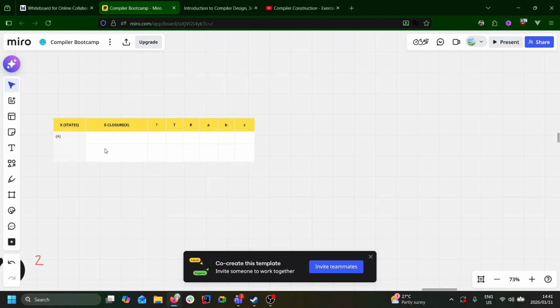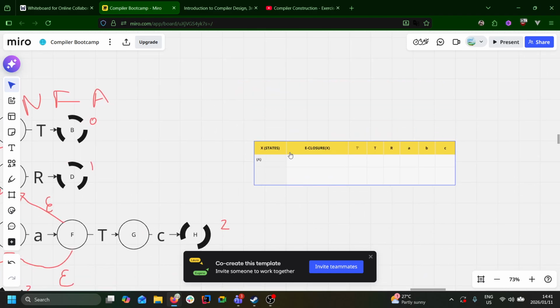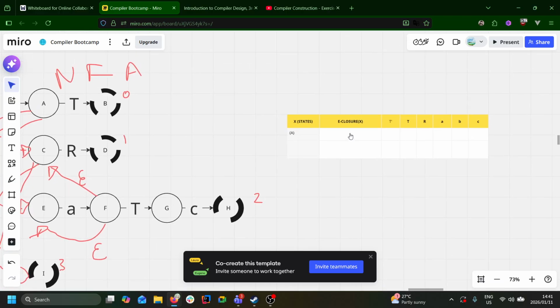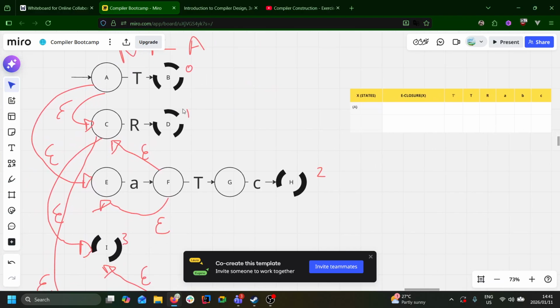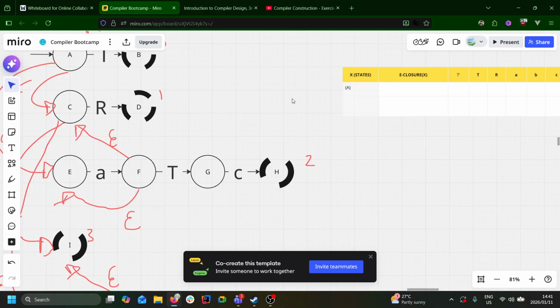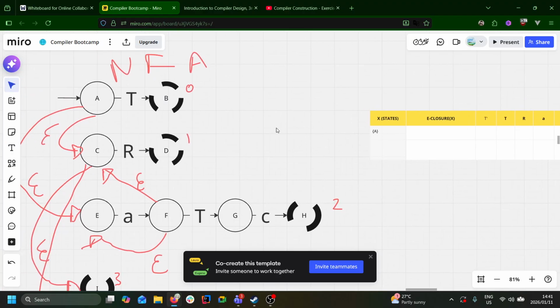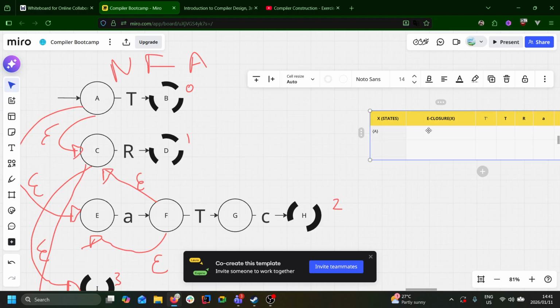Okay, here it is. So now that we have this, the first thing we're going to do is, with the start state A, find the E closure. The E closure of a set of states is: from A, where can we go by following the epsilon transition or by doing nothing?